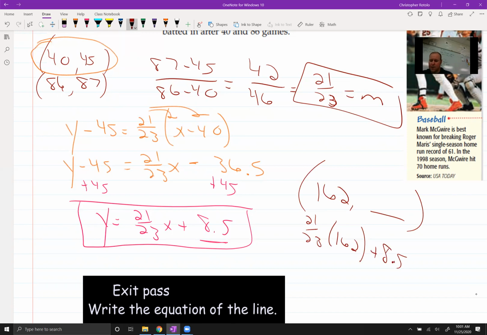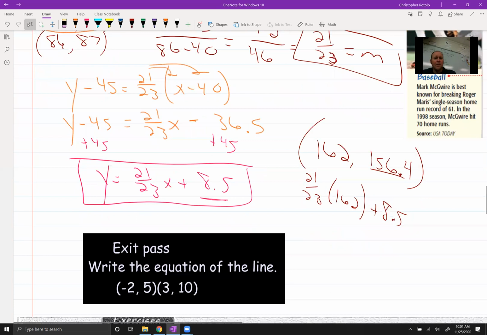So 21 divided by 23, we're going to take that times 162, and we're going to add on 8.5. So that means it should be 156.4 RBIs in the season. Now, if that was actually going to happen, that would be amazing. I'll have to double check. We could Google that and see what he ended up with, but I don't think it was that many. That's pretty awesome. All right, so that was an add-on there.